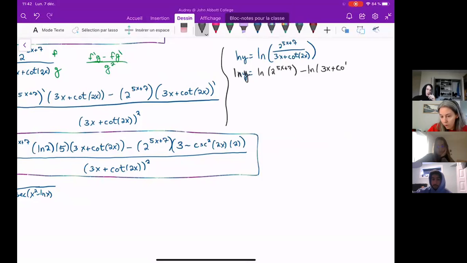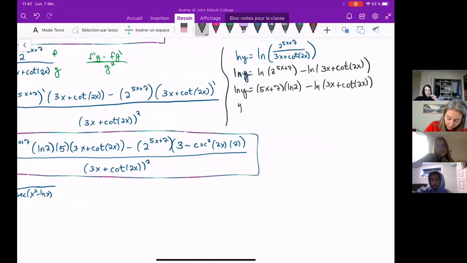Now there's nothing more that I can do to simplify the bottom because of the plus sign, but on the top I can bring that 5x plus 7 down. So I'd have ln y equals (5x plus 7) ln 2 minus ln of the bottom. And now I can differentiate.